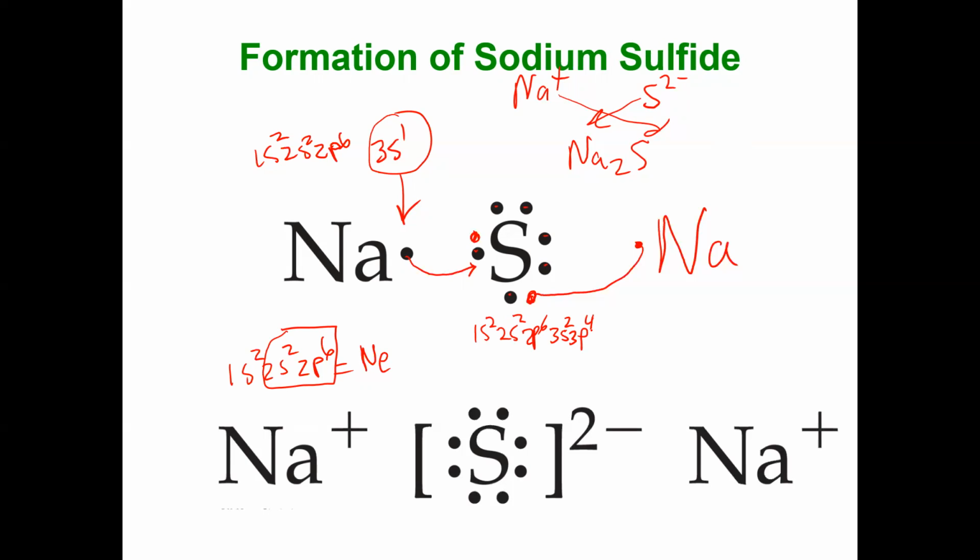And now with the two additional electrons, it becomes 3s2, 3p6, which is exactly like argon. So I hope that helps you understand how Lewis symbols can be useful in understanding the exchanging of electrons and how we can form the correct formula ratios for ionic compounds.